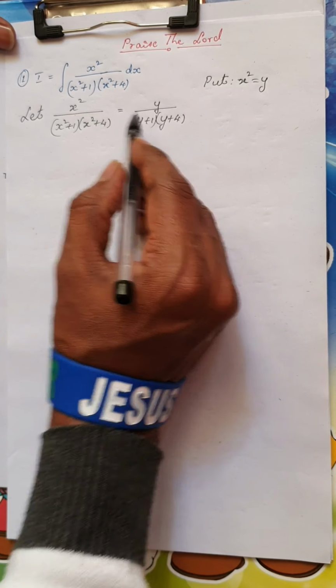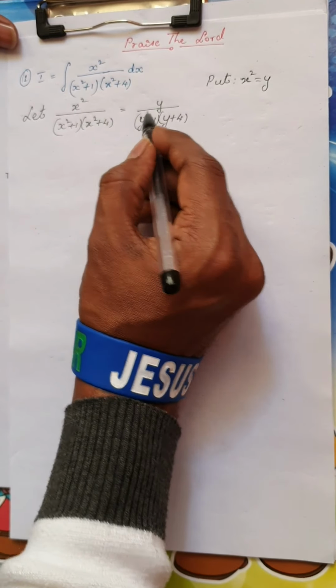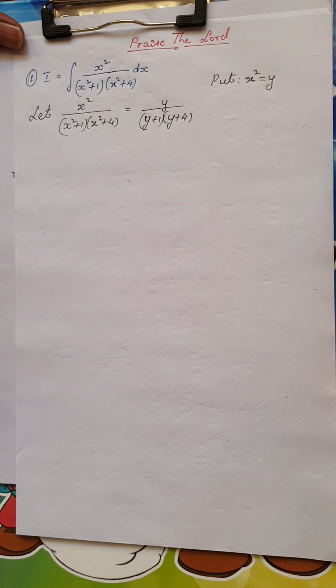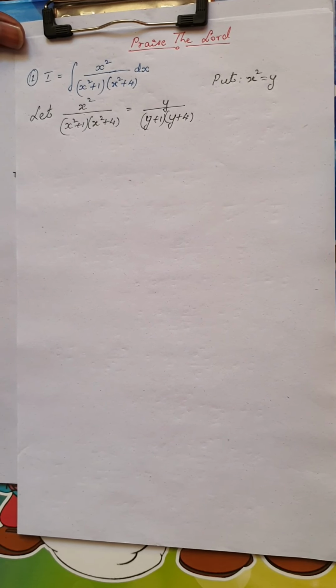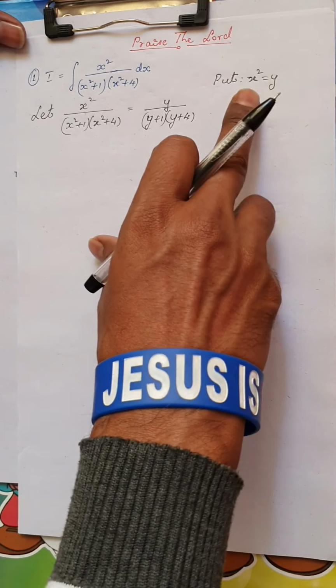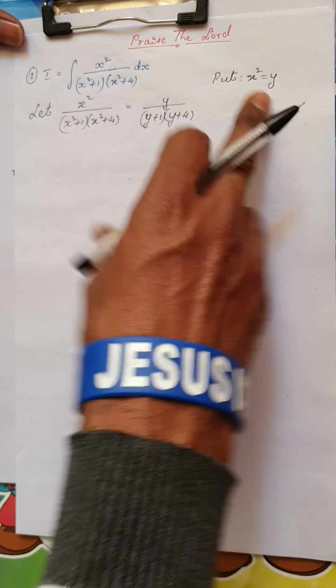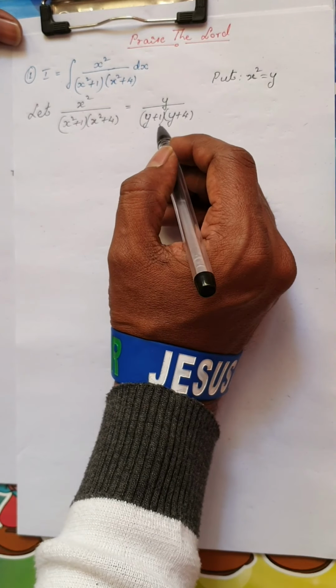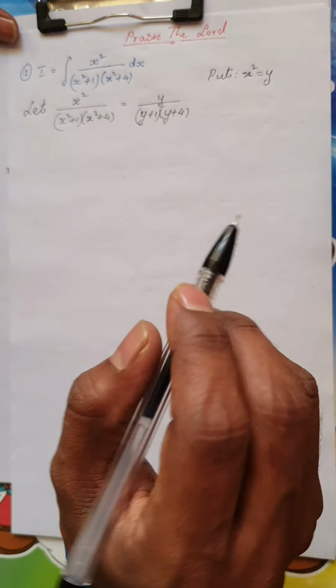I am replacing x square by y and I will replace back before I integrate. When you substitute, you need not replace it before integrating, but when you are just replacing things, you have to replace it back before you integrate. This is just to make the partial fraction process easy.